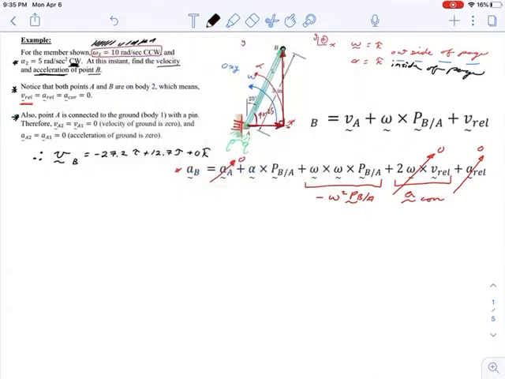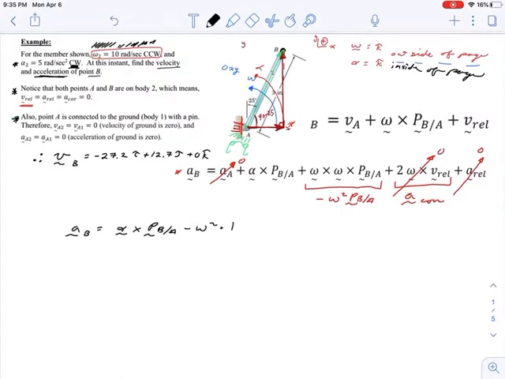And we can conclude that the acceleration of B is equal to the angular acceleration crossed with the position of B relative to A, minus the square of the angular velocity multiplied by the position vector of B relative to A.